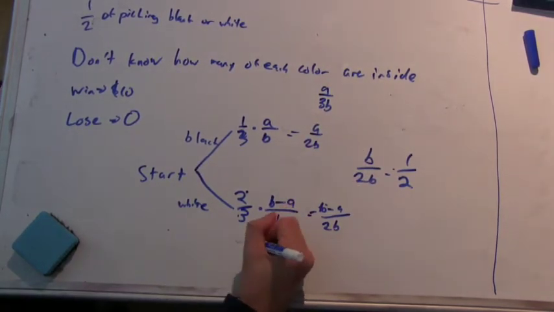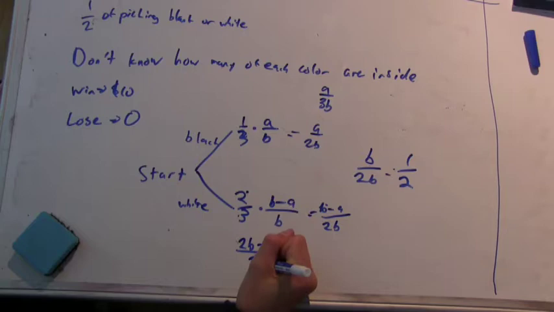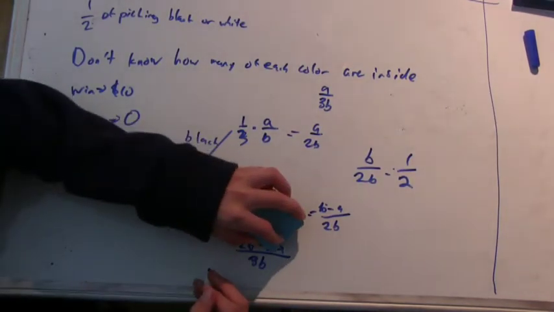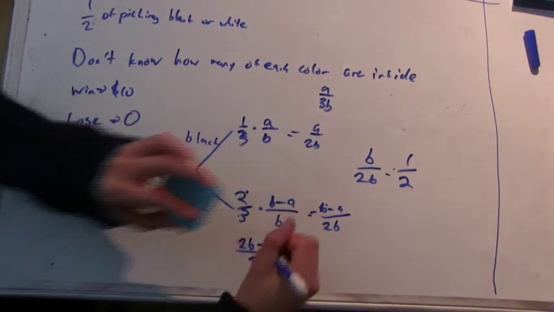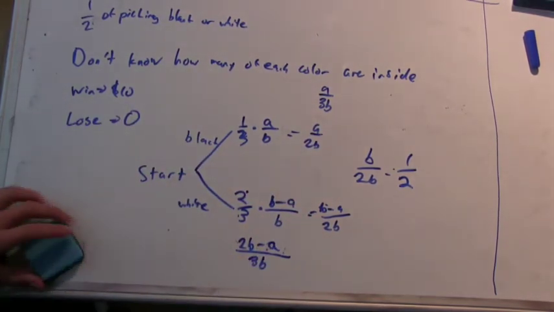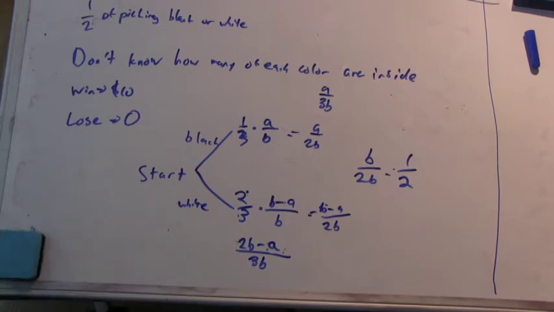Bottom, we get 2B minus 2A over 3B. So we'd get 2B minus A over 3B. Okay. And yeah, this is going to depend on what A and B are for each case. That's right, that'll vary with A and B.